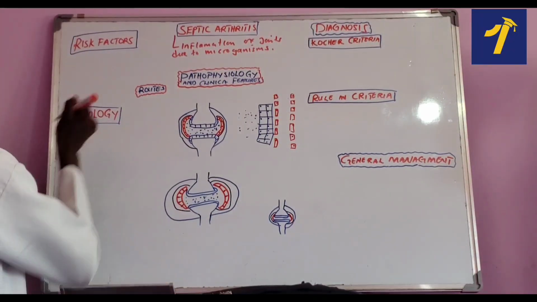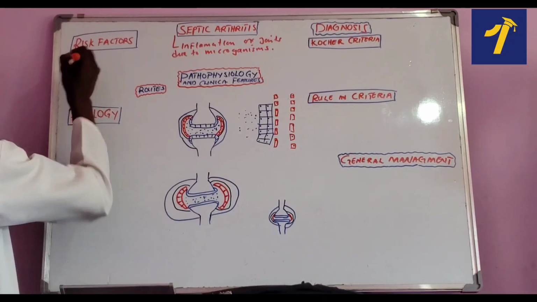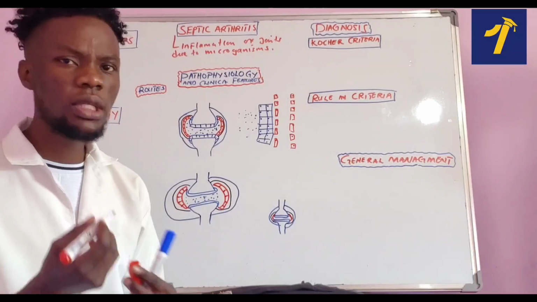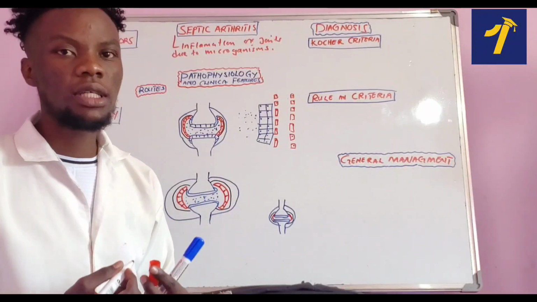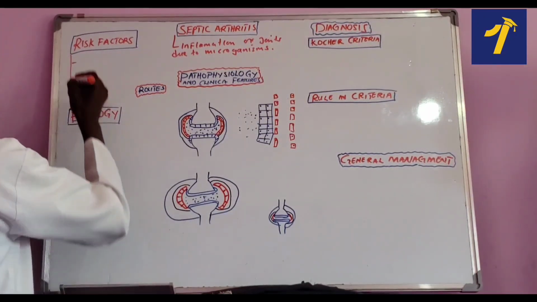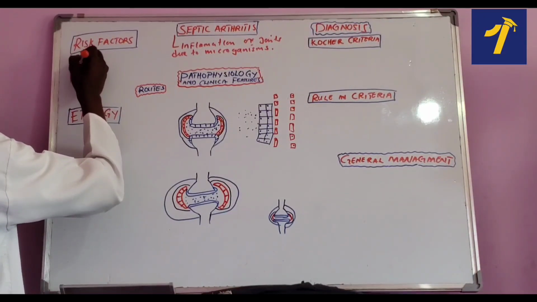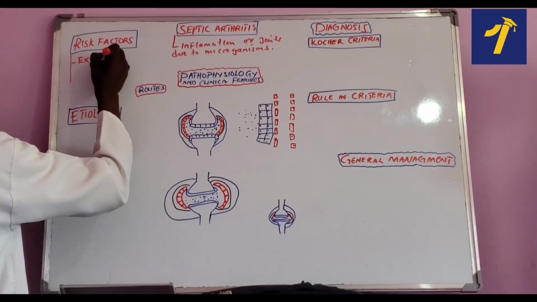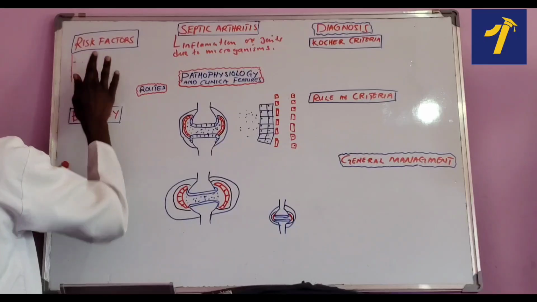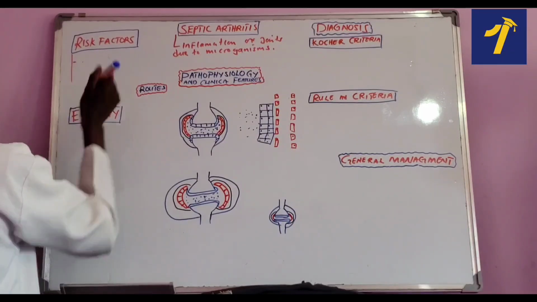So you need to pay attention to that. What is the first important risk factor? We know there are a lot of risk factors, but we'll just choose the common ones that you can remember. The first one is age, which is extremes of age. Let us use blue.